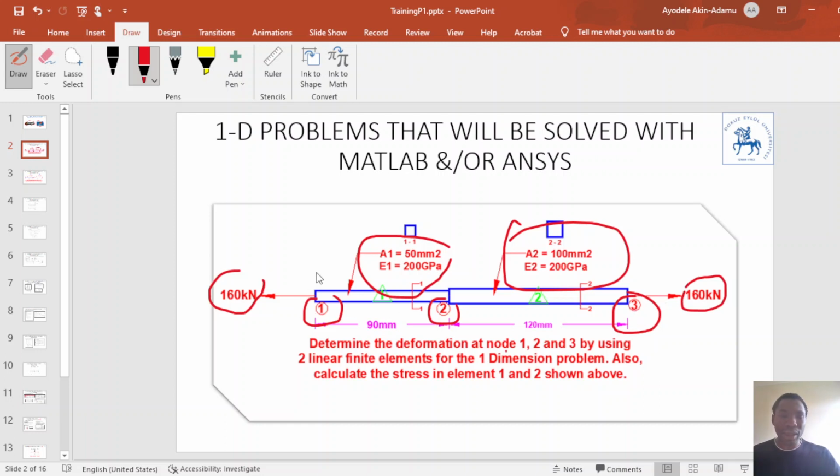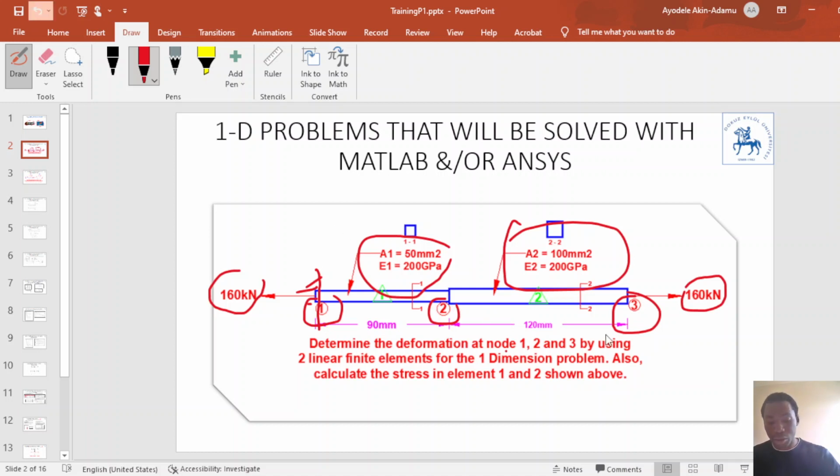So if I should apply, say, a support here, and apply a 160 kilonewton load at node 3, it is equivalent to applying 160 kilonewton at node 1 and node 3. So this is the structure we're going to analyze using the finite element procedure, but it's going to be modified by placing a support at node 1.